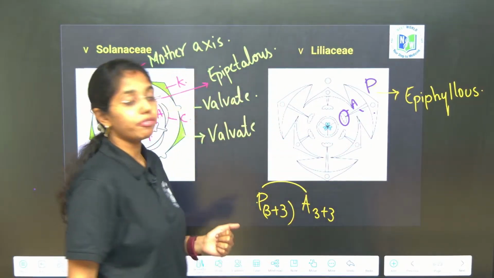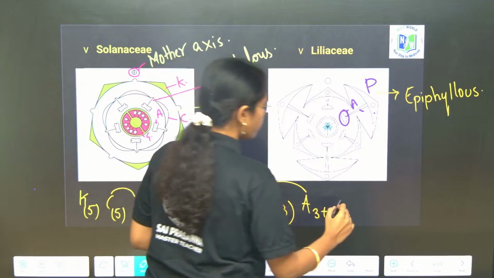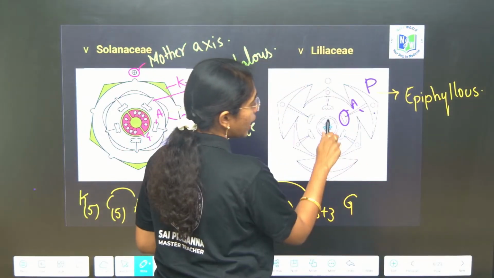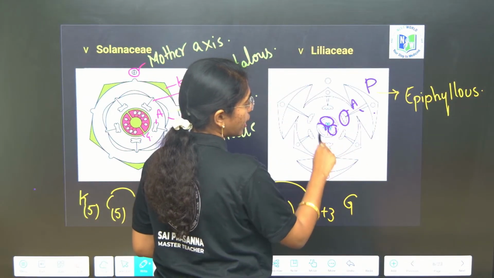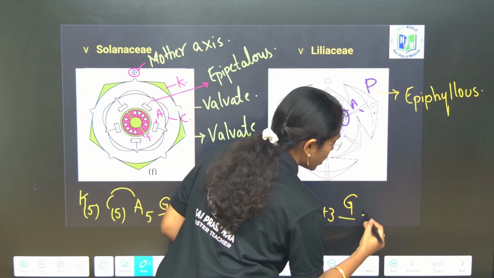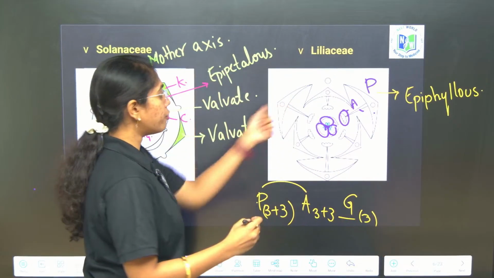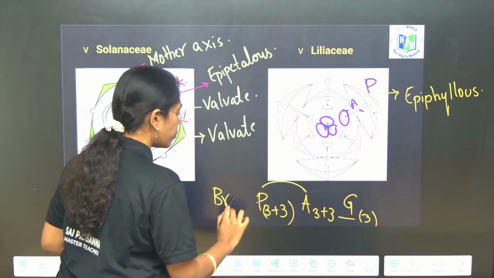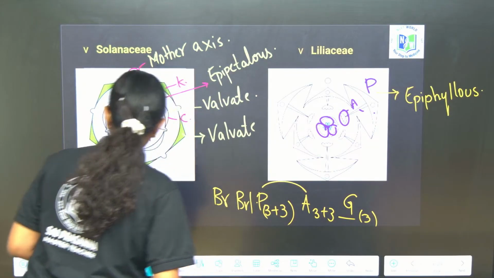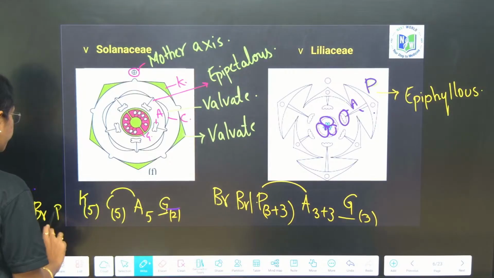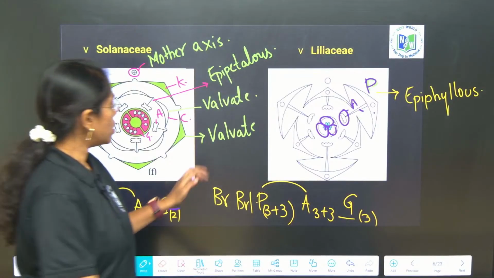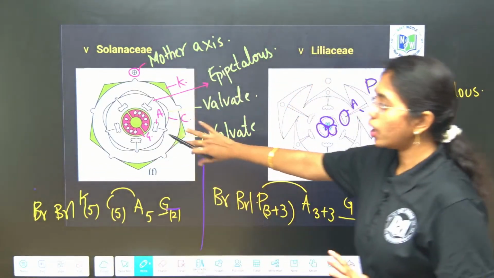And gynoecium is tricarpellary, again it has superior ovary. If you take bracteate and bracteolate, it has both bracteate and bracteolate. Fine, right? This is the floral formula of Solanaceae and Liliaceae.